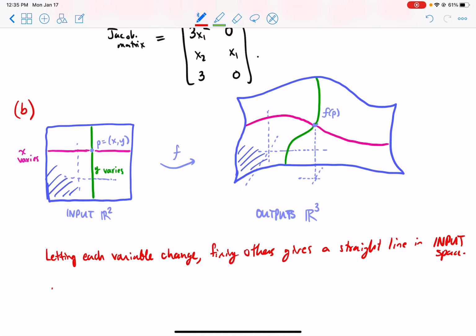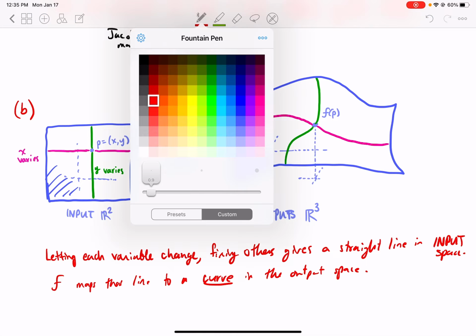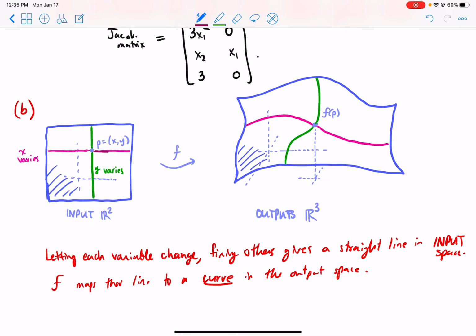And then F maps that line to a curve in the output space. And here's the point now. If we take just a unit movement, like this would be i hat, or it would be the vector 1, 0 in this case, it's the movement only in the x dimension, then that will become a velocity vector.